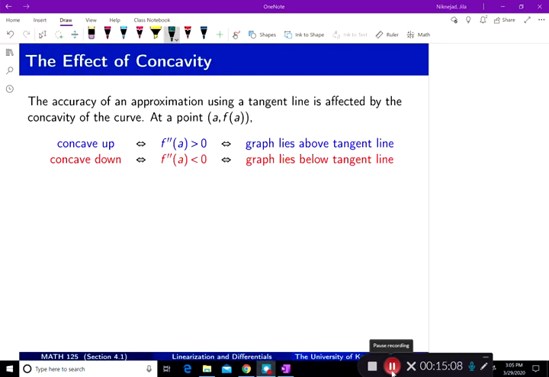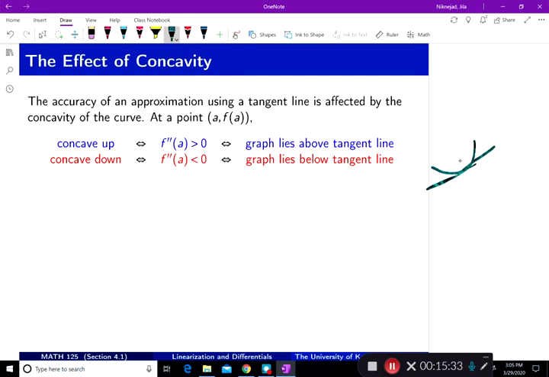Now let's talk about the effect of concavity in approximation. The accuracy of an approximation using a tangent line is affected by the concavity of the curve. At the point x equal to a, f of a, if it is concave up, the tangent line would go under.